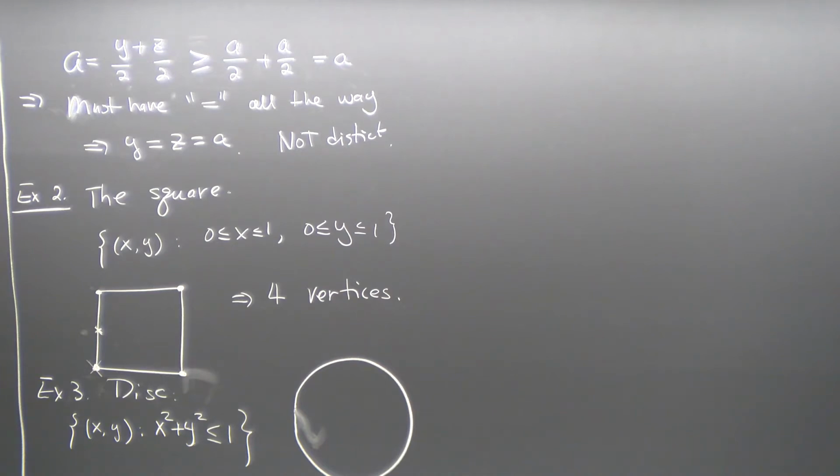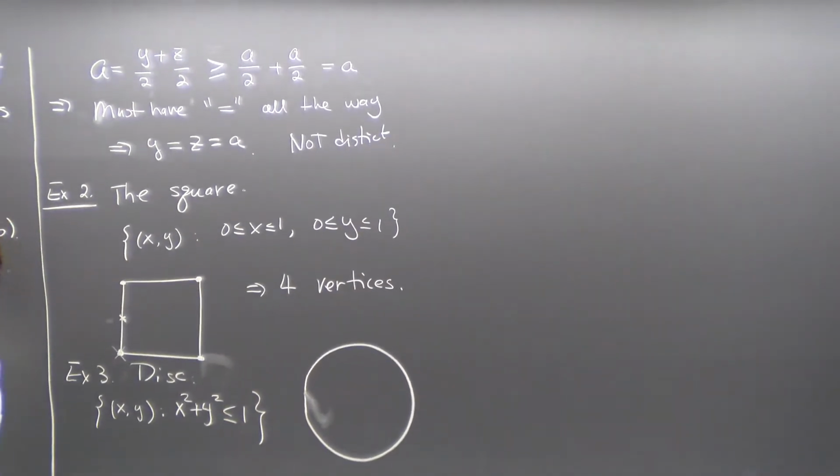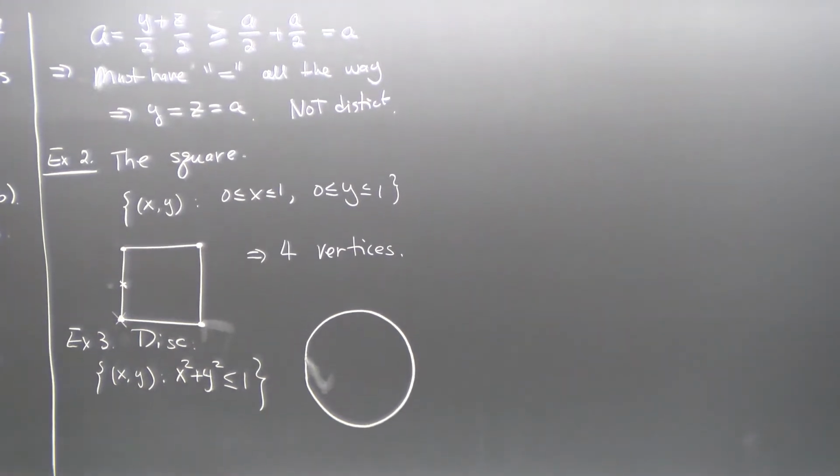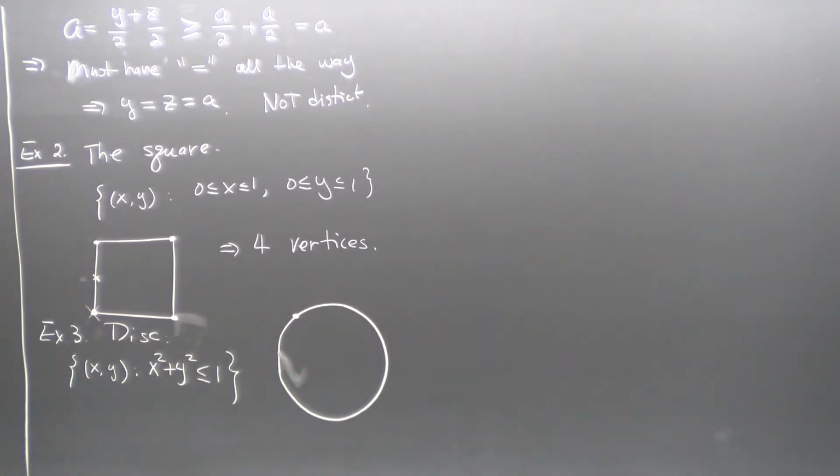So what is the definition of a vertex? That is, a point that cannot be represented as a midpoint of any 2 points, right? So do we find any? Well, for sure, any interior point is no good. What about a point on the boundary, on the circle? Does it satisfy the definition of a vertex?